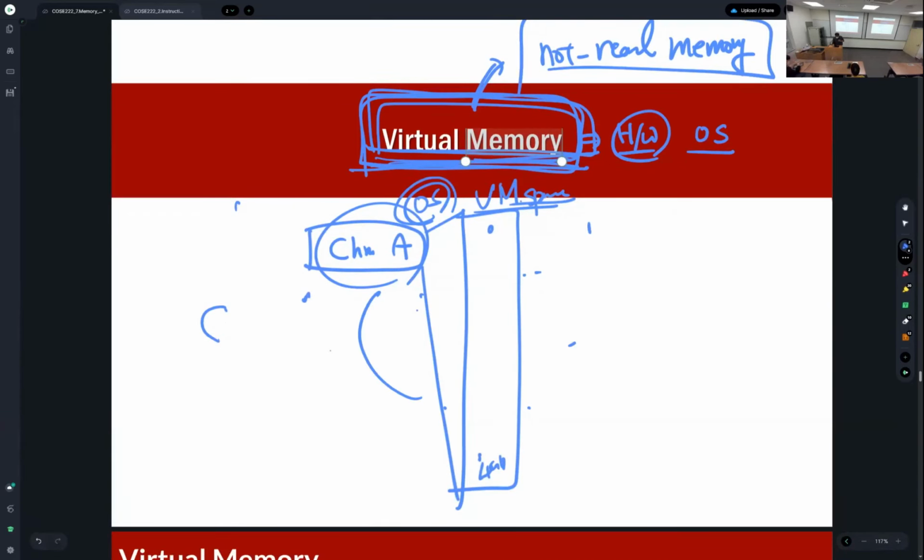Then this Chrome A can access some data with the address A.